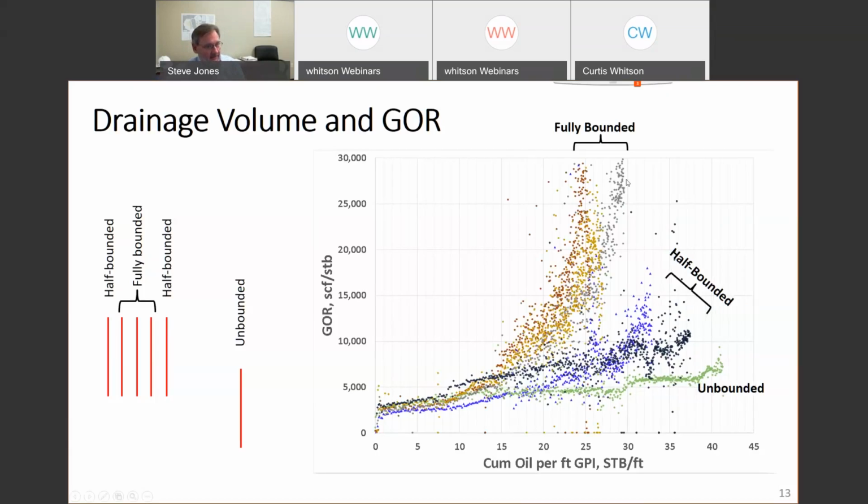And it looks like they're going to go vertical pretty soon at around something in the range of 25 to 30 barrels per foot. So this is characteristic behavior you see for wells that are going from unbounded to tightly bounded. And that's one of the ways you can get an idea of whether your wells are bounded and seeing each other and how restricted their drainage volume is.